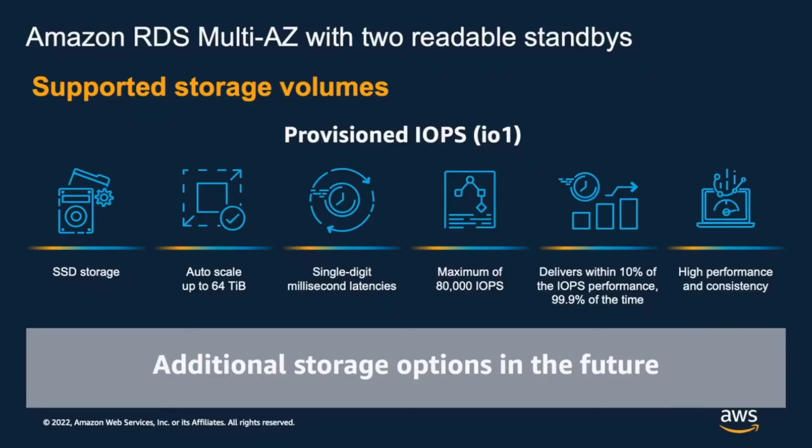There will be additional storage volumes available in future. This provisioned IOPS provides single-digit millisecond latencies, better performance, and it will provide a maximum of up to 80,000 provisioned IOPS.